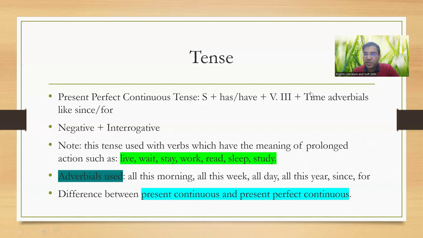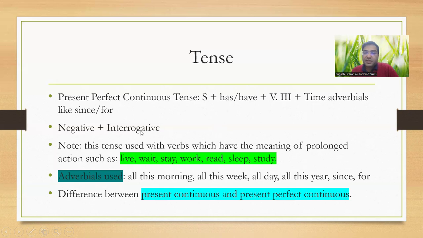For the verb, use the first form plus ing. So, I have been living in Jodhpur since 1990. You have to give the time also, continuity with time.